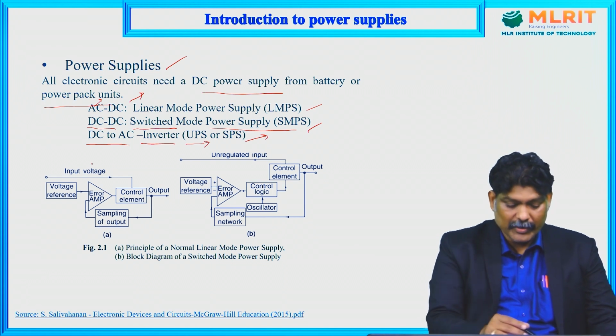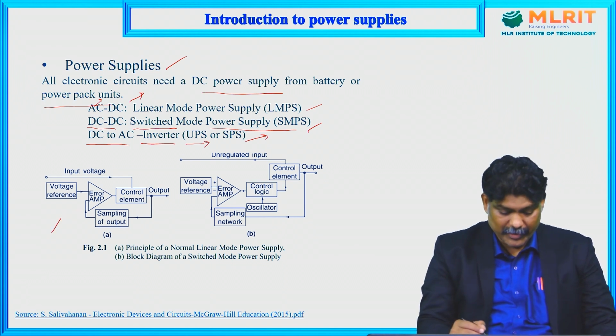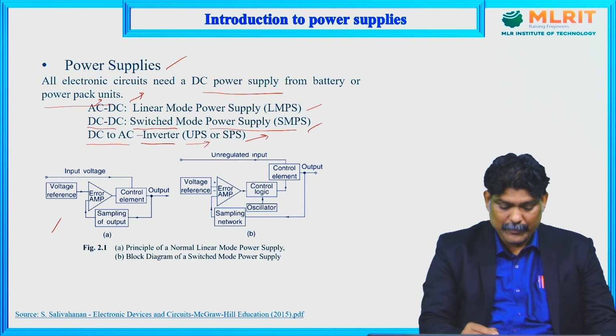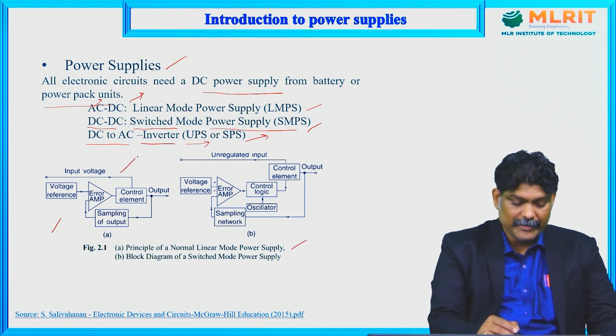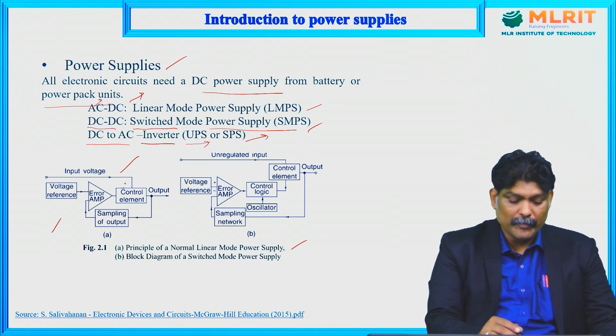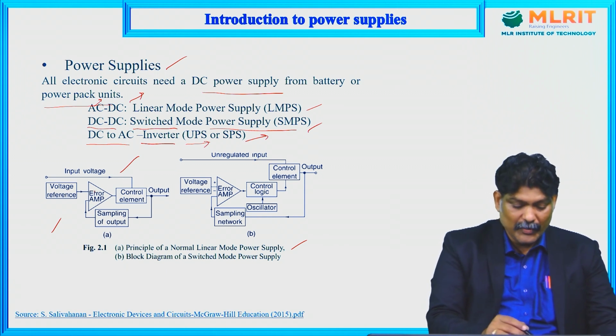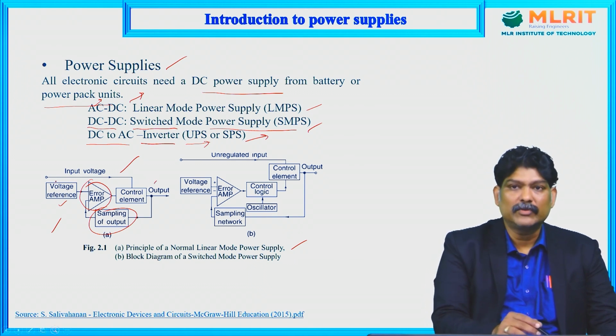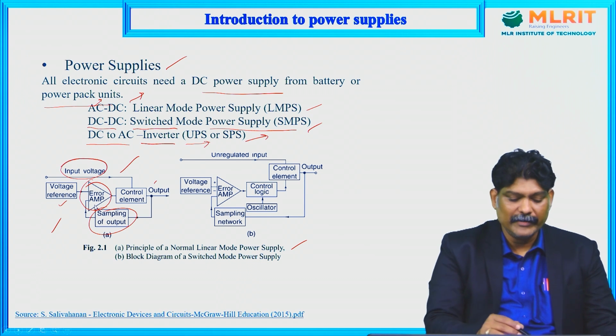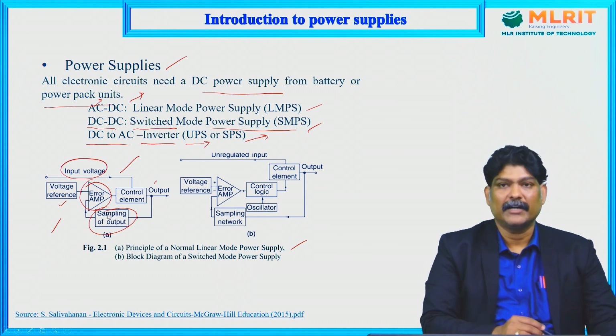Here you can observe the circuit diagram or block diagram of the principle of a normal linear mode power supply. This represents the linear mode power supply, LMPS, which requires voltage reference, error amplifier and control element, with sampling of the output. Finally you will find the output, and to the control unit we give the input which is to be converted.